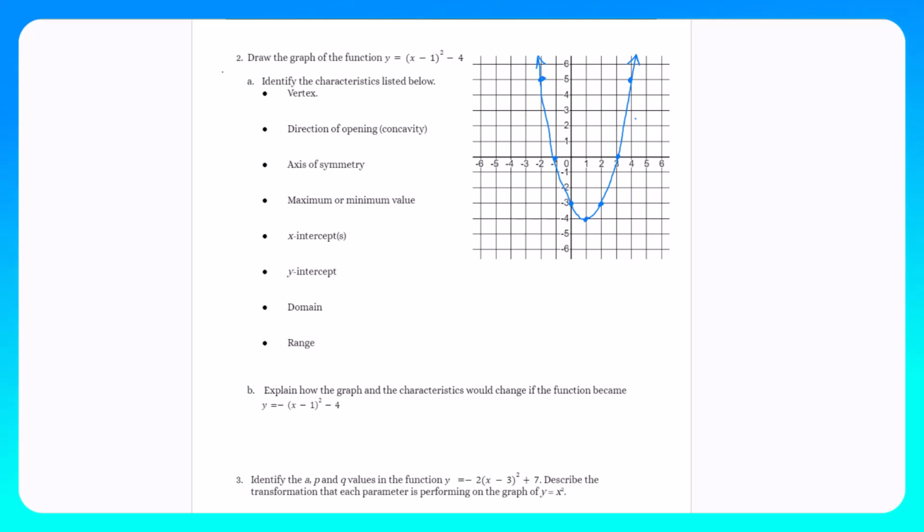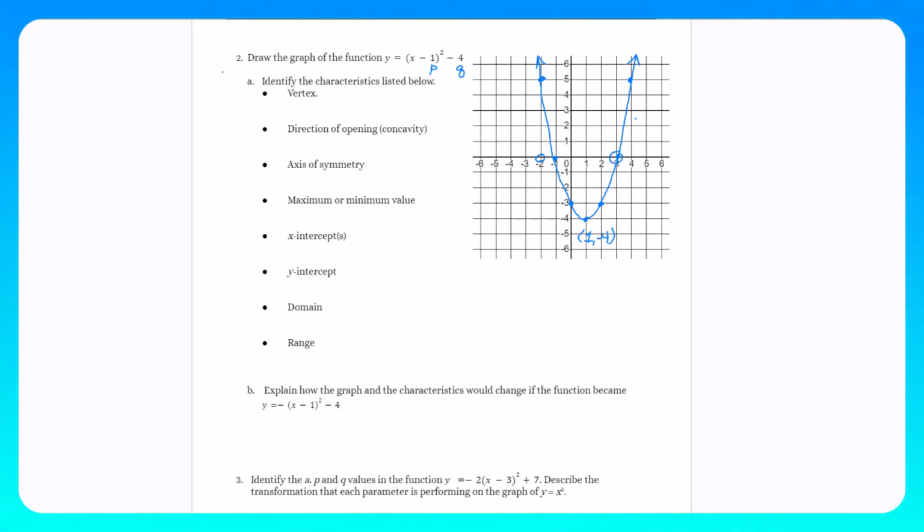Okay, so here it is. And notice we know the values of P and Q, which means the vertex is (1, -4). And sure enough, we have this (1, -4). And then we just pick some other values. Notice I picked between -2 and +3.